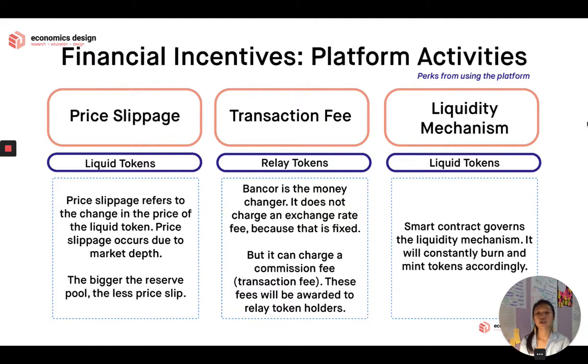Price slippage is basically the change in prices. Imagine you have a reserve pool with 50% BNT, 50% DAI. The prices are based on each other's value. So maybe the ratio is one DAI is 0.3 BNT.